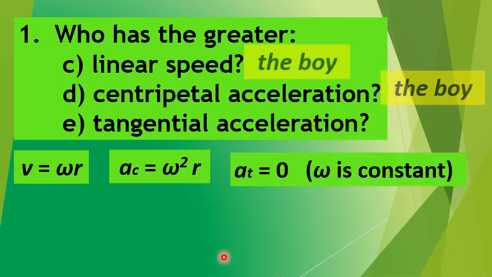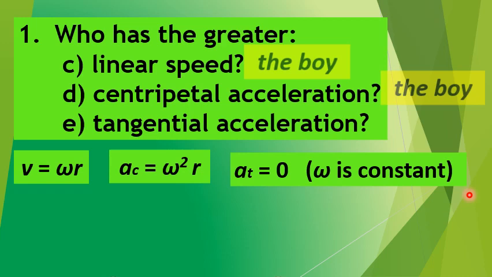Now, tangential acceleration denoted by a sub t is equal to 0 when the angular speed or velocity of the rotating body is constant. So if there is no change in the magnitude of the angular speed or velocity, we say that the tangential acceleration a sub t is equal to 0.